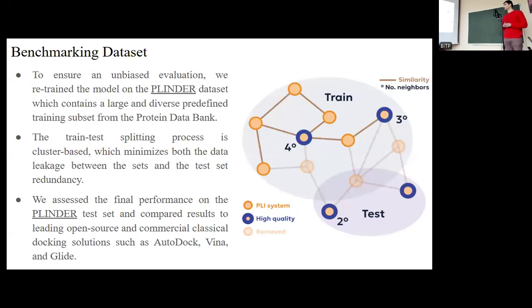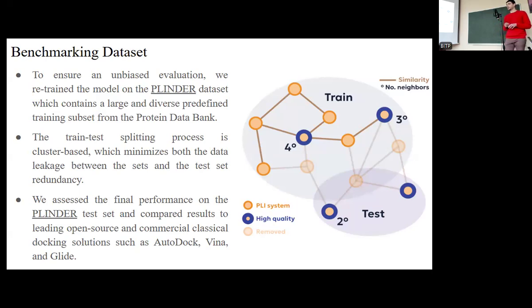For benchmarking, we used the recently released Blinder dataset that contains experimental data from the Protein Data Bank. And it is focused on protein-ligand complexes that are experimentally resolved. Probably the most significant advantage of this dataset is its train-test splitting process.